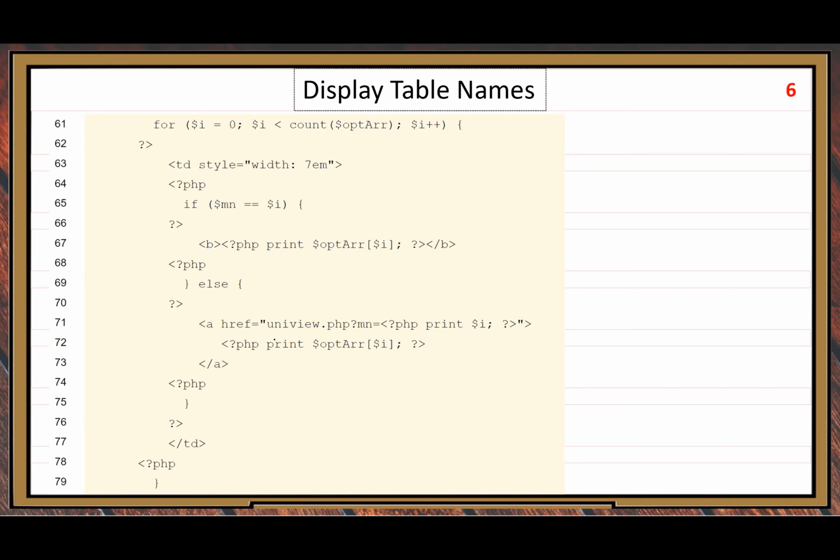That's interesting, I need to go back and see my code. It looks like it should be the table arr, based on the logic. But why here do I use the option arr? It's just a name, because I try to display the table names here.